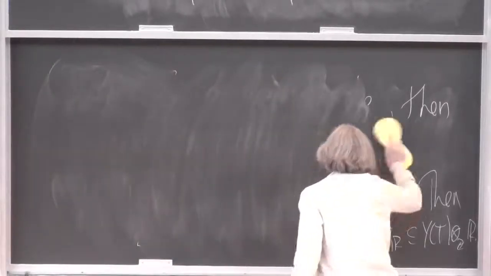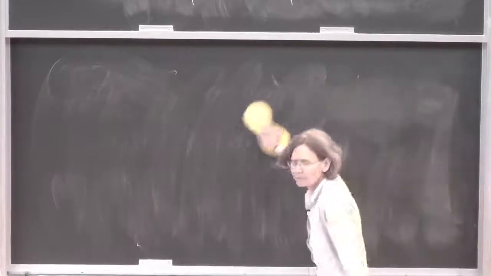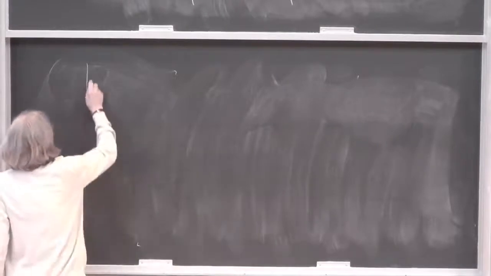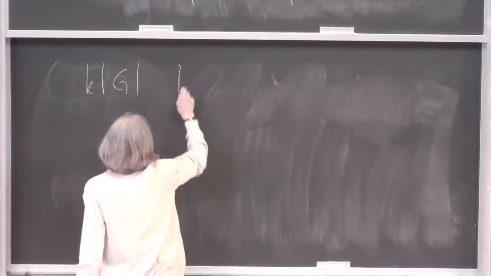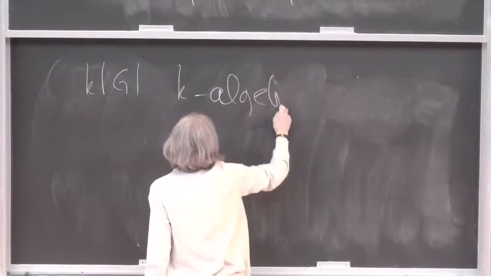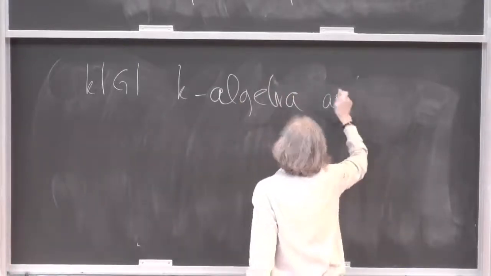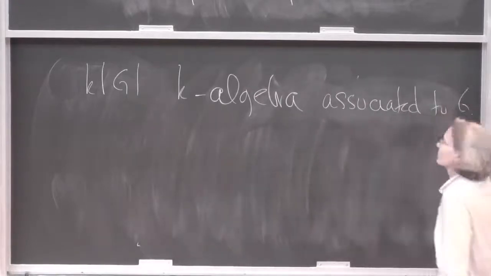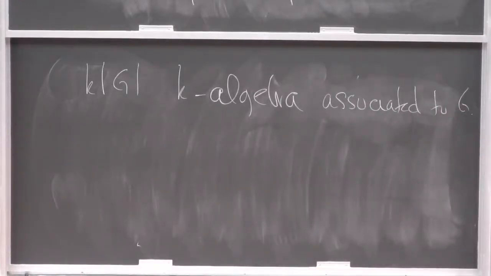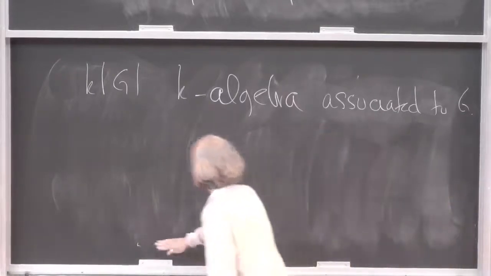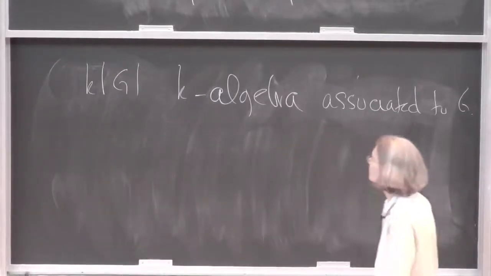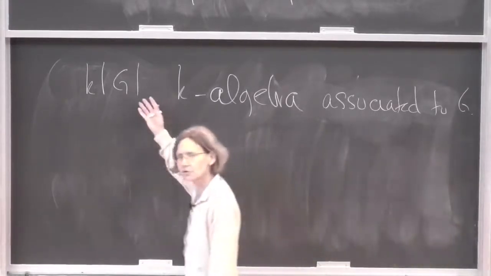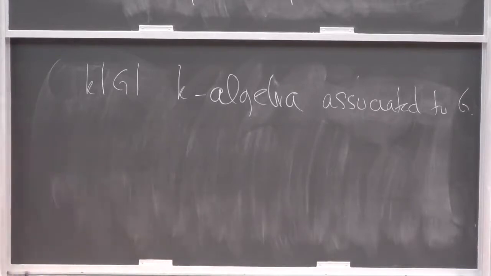And so precisely, let me say something because I'm going to want this notation later. When you have a linear algebraic group, it's an affine variety, and so I say K[G] is the K-algebra associated, or the coordinate algebra, of G. G is some closed subset of an affine space, the zero set of some ideal of polynomials, and you take your whole polynomial ring and quotient out by that ideal. Anyway, you get functions on the group.